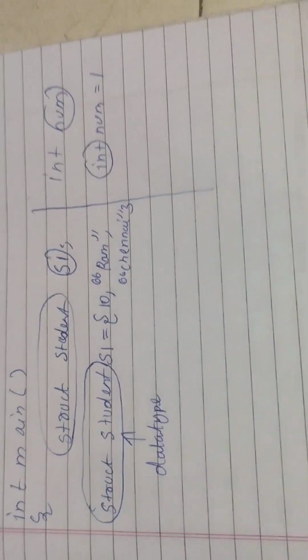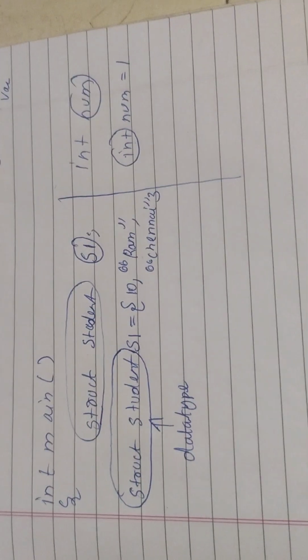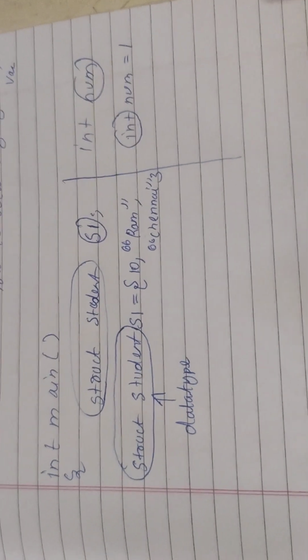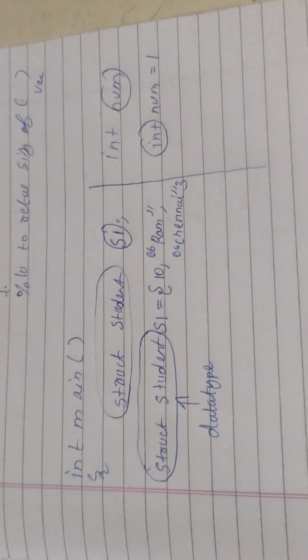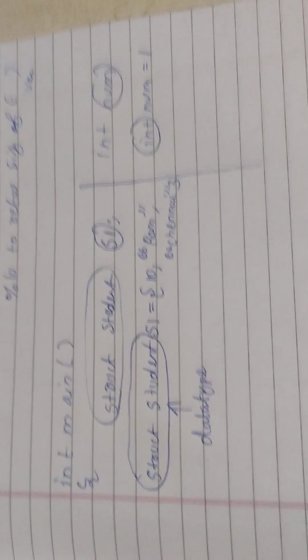If I give a different name, I can identify which consists of which. If I gave every structure a common name, it would get confused. To overcome this problem, the structure name comes in. Structure name will help us.